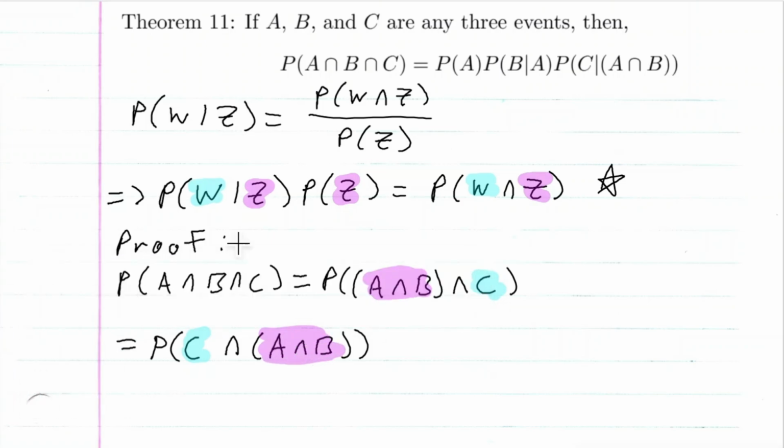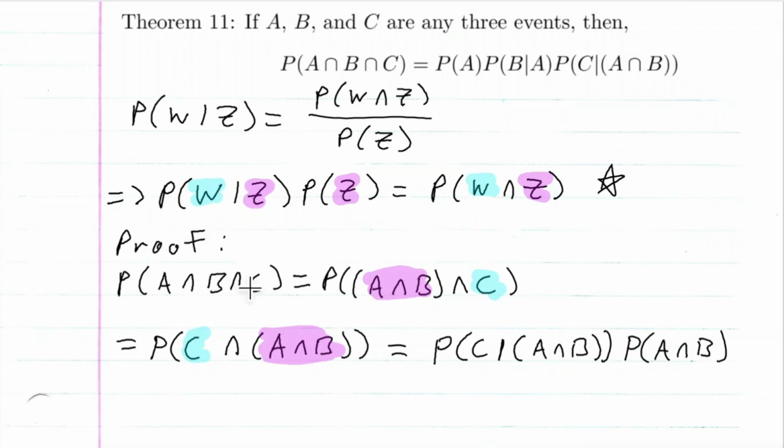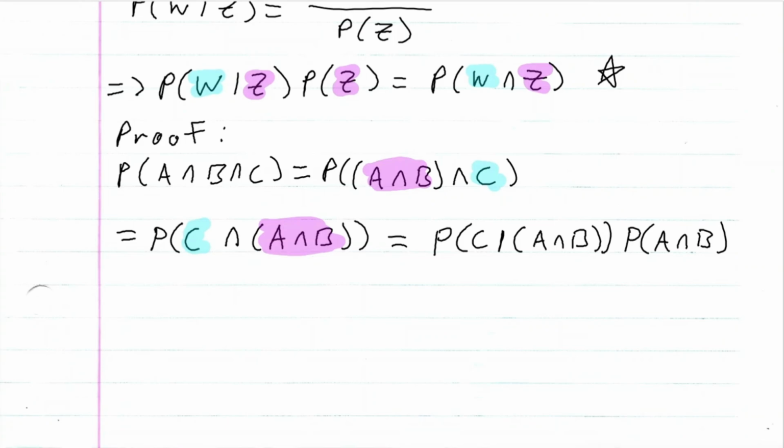All right, so now this is equal to the probability of C given A intersection B, blue given purple, times the probability of purple. So let me mark those up again.